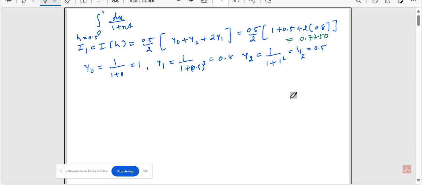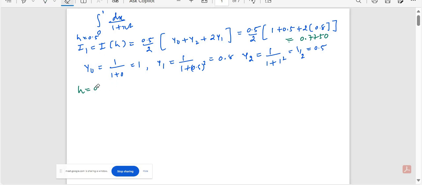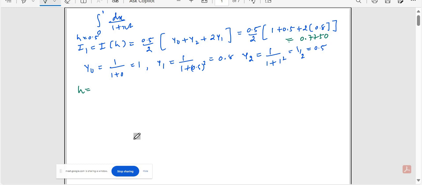Is it done, sir? Okay. Now the second one. Sir, Yogeshwari ma'am was telling that if in any sum we are asked for up to n decimal places, then during the procedure of calculation we have to go beyond n. Let's say we write 0.77500.